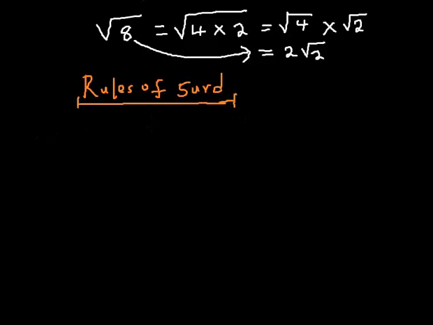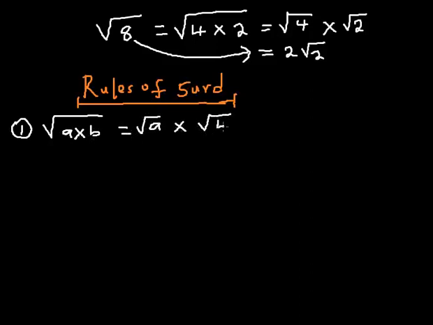So now we are going to be looking at the rules of surds. One of the first rules, I can call it the multiplication rule: the square root of a times the square root of b is the same as the square root of a multiplied by b.